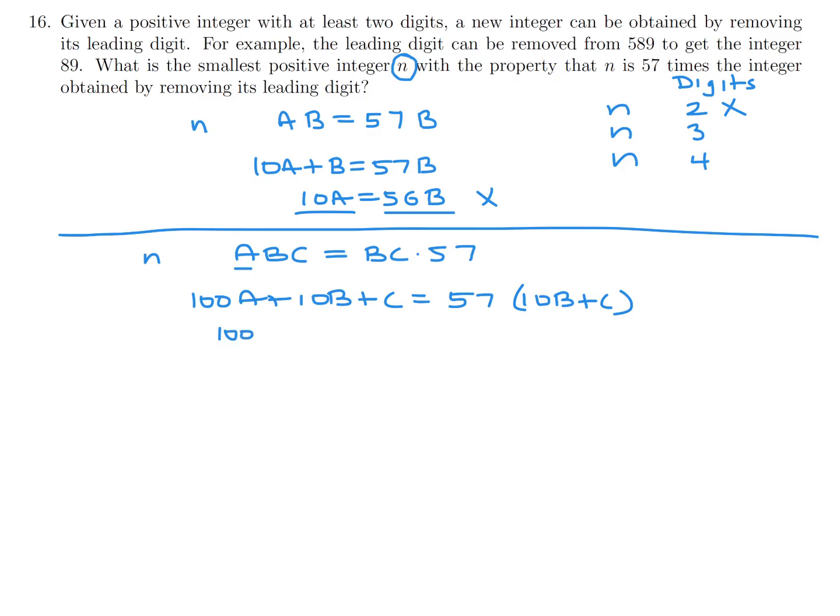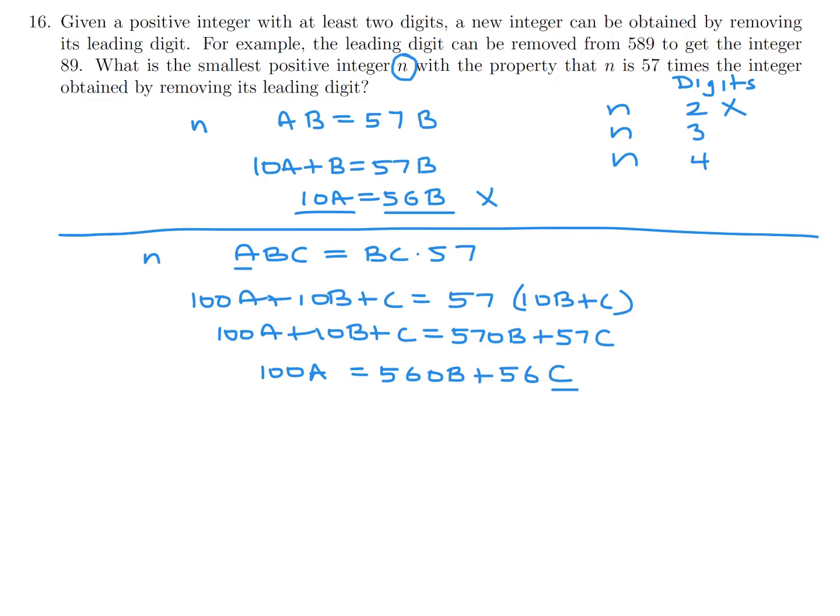We have 100A plus 10B plus C is 570B plus 57C. 100A is equal to 560B plus 56C. Okay. Now I think we have to do trial and error, because I don't know how else to do this.